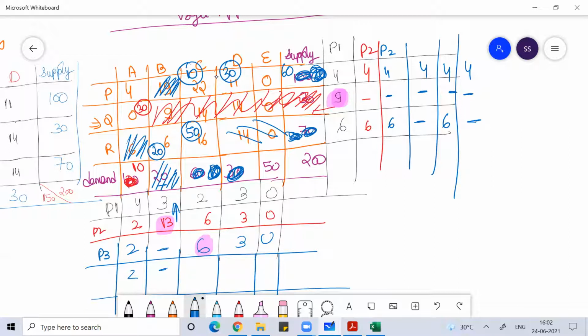So here you'll put 10 and here you'll put 50. Now you can see the allocation. By the Vogel approximation method, I found the initial basic feasible solution.